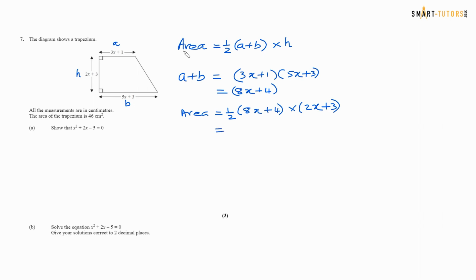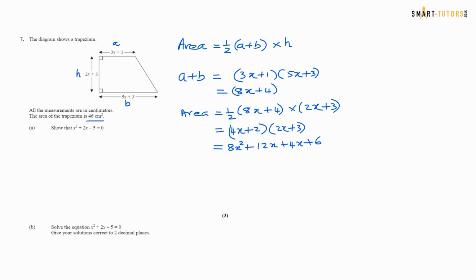So half of 8x plus 4 is 4x plus 2 times 2x plus 3. So this is expanding double brackets. So 4x times 2x is 8x squared, 12x plus 4x plus 6.